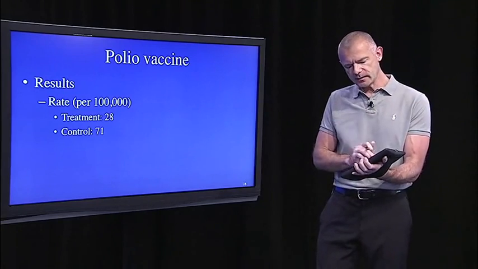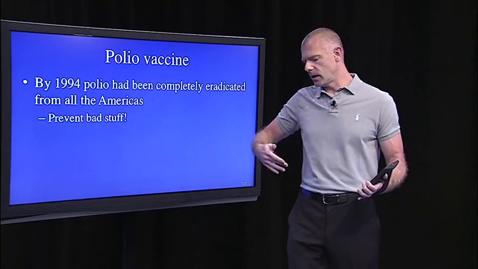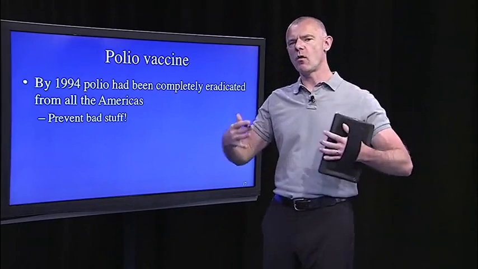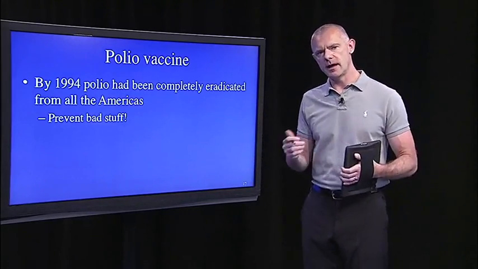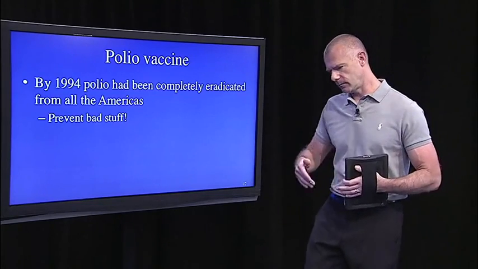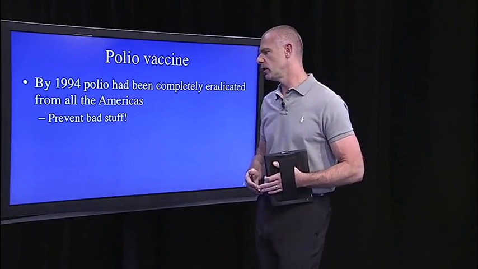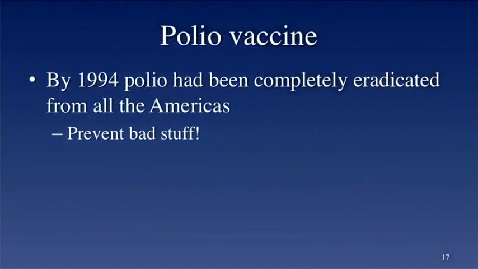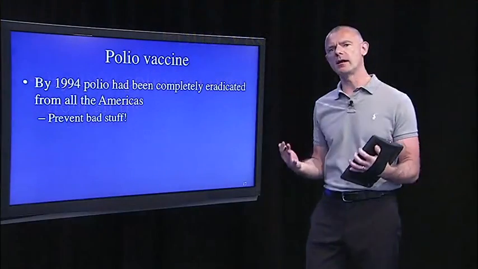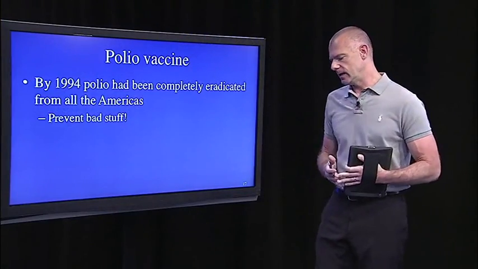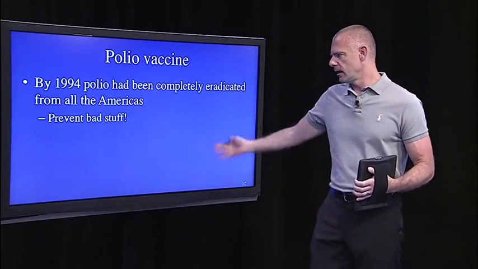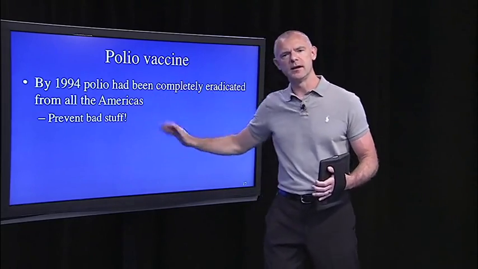And as these trials expanded and as more and more parents consented to having their children get the Salk vaccine, and then even better vaccines were developed, polio by 1994 was completely eradicated from the United States, not just the United States, but all of the Americas. So this is an incredibly successful story of government intervention in preventing a disease, and as I said here, prevent bad stuff.